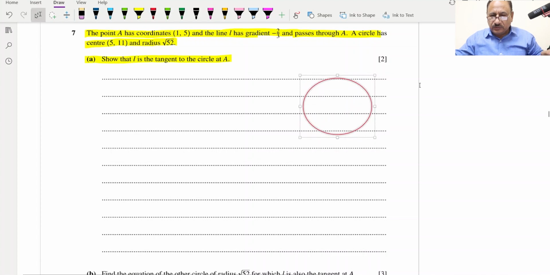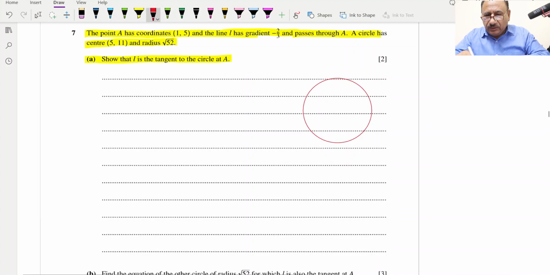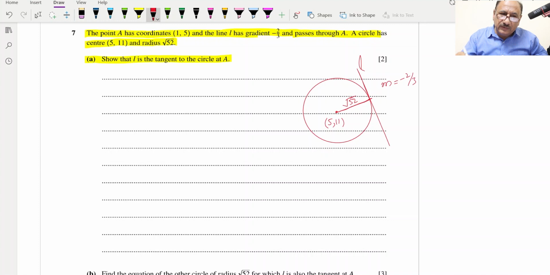Over here we can take a circle and this is basically a line L, which is tangent over here, and this is the center which has coordinates 5 and 11, and this one is the radius, and the radius is square root of 52, and this is line L, and the gradient is equal to minus 2 by 3, and coordinates of this point are 1 and 5.